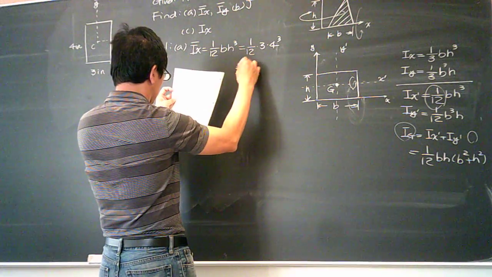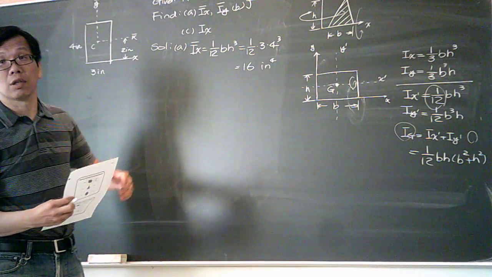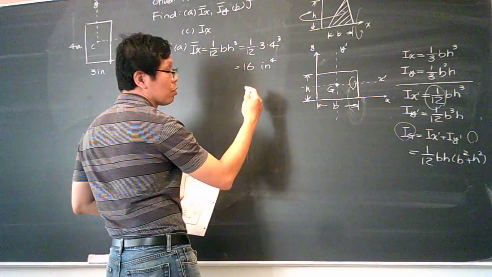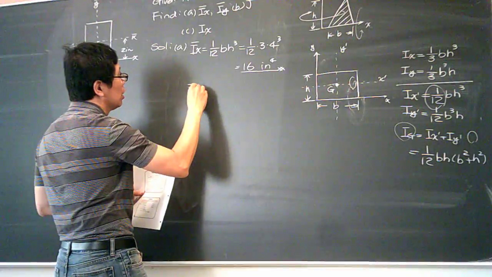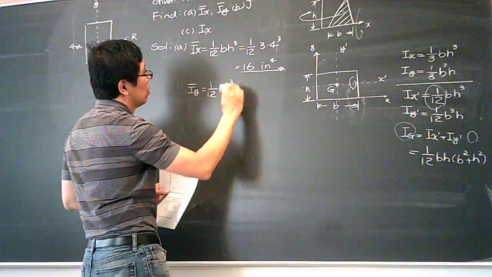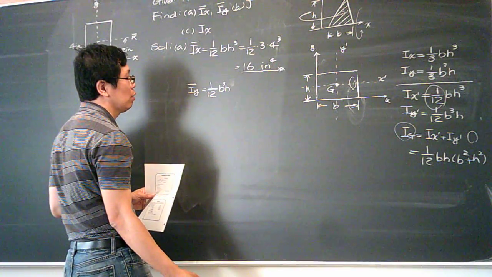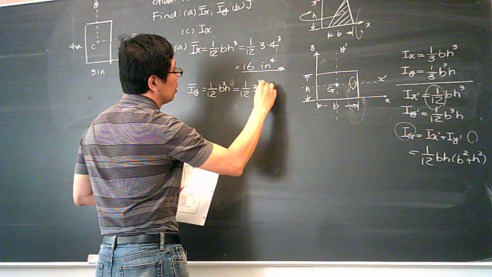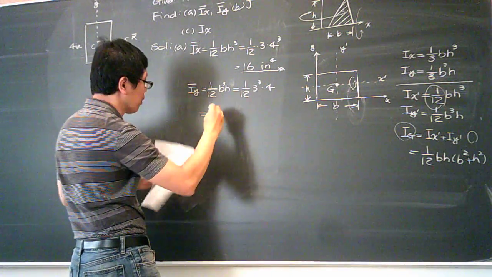Be sure you put the unit correctly. It's going to be fourth order instead of square or cubic. Okay? Iy is the same. We just change the cubic term from h to b, which gives me 9.